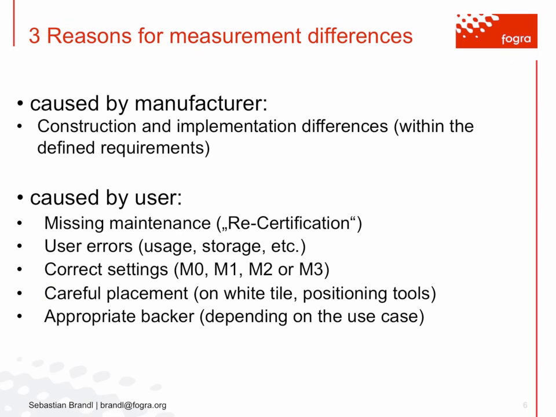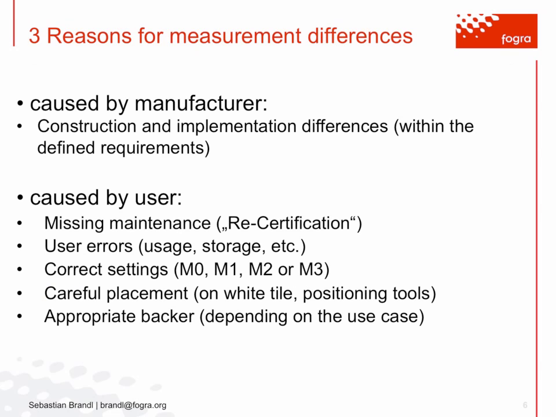The majority of differences are caused by the user, to be honest, and that is what we find here at Fogra quite often, like missing maintenance. Many manufacturers provide recertification, and we highly recommend to do so. We see that these devices are not really handled and used as a measurement device.